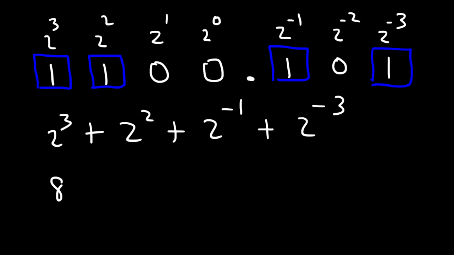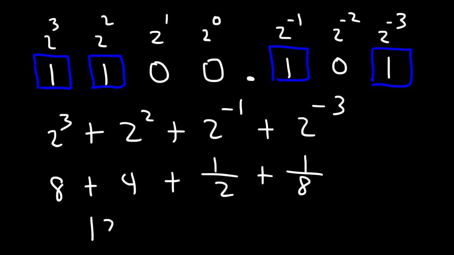Now 2 to the third is 8, and 2 squared is 4. But now what is 2 to the minus 1? We know 2 to the first power is 2, so 2 to the negative first power is 1 over 2. Now 2 to the third is 8, so 2 to the negative third is going to be 1 over 8. And so 8 plus 4 is 12, and then we have 1/2 plus 1 over 8. 1 over 2, if you type that in your calculator, that's 0.5.